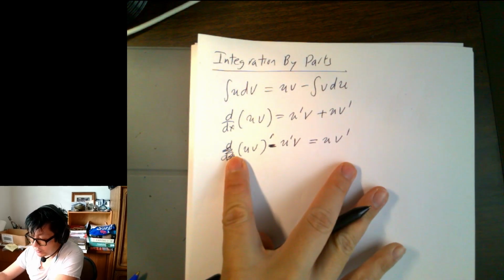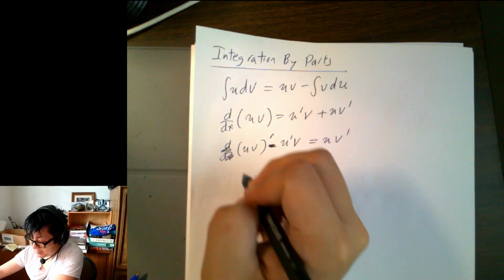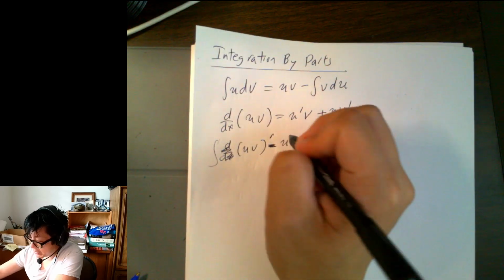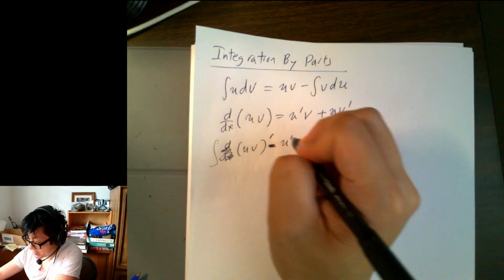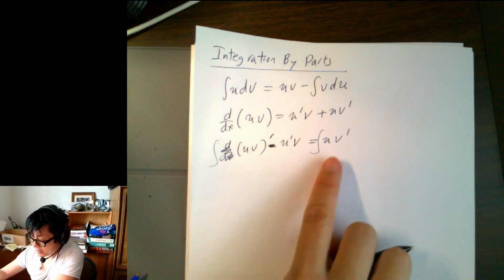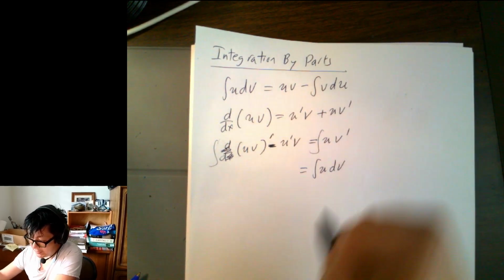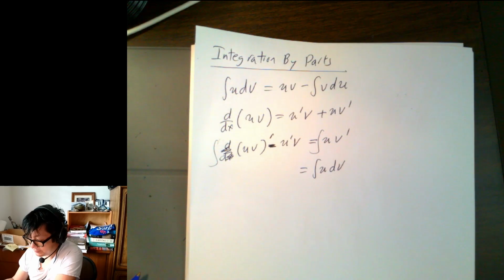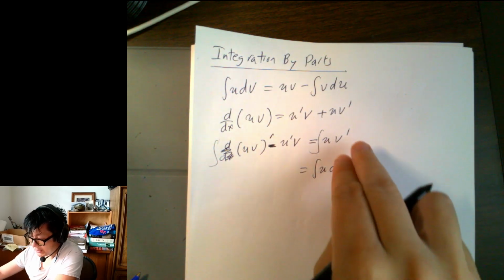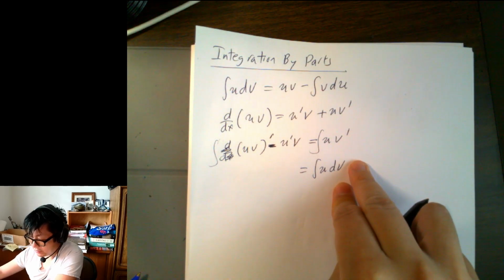And now what I'm going to do is integrate both sides. So if I integrate both sides, I have basically u times the integral of dv here, because my dx's are going to cancel.